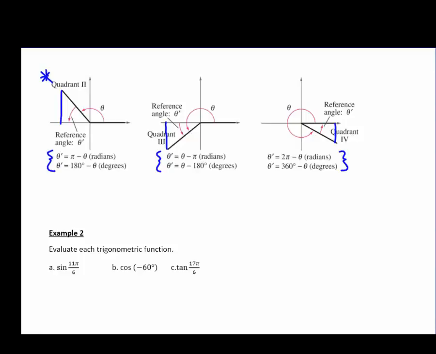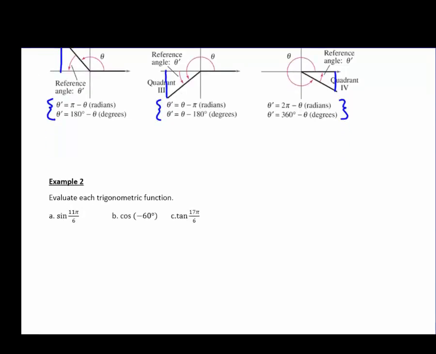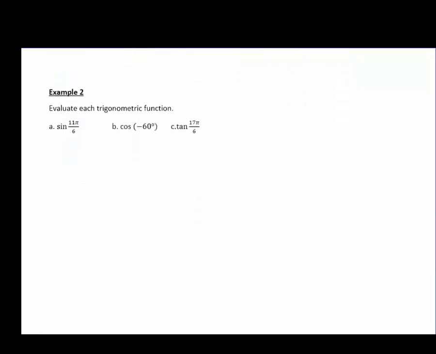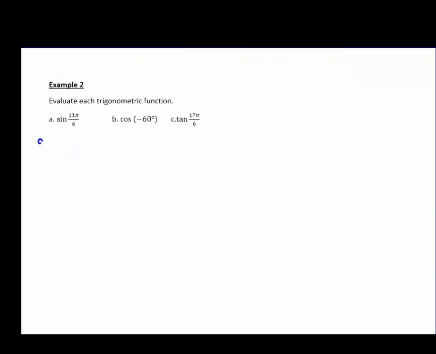All right, so let's take a look at example 2, part A. We have the sine of 11 pi over 6. And so we need to figure out what that reference angle would look like. We know that 11 pi over 6 is going to land in the 4th quadrant.